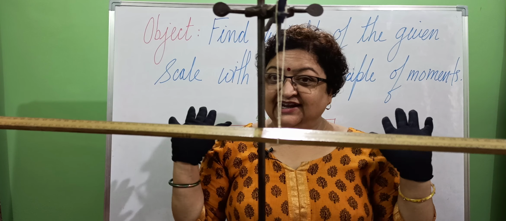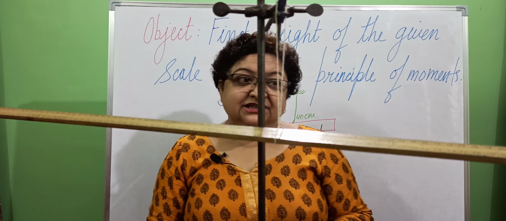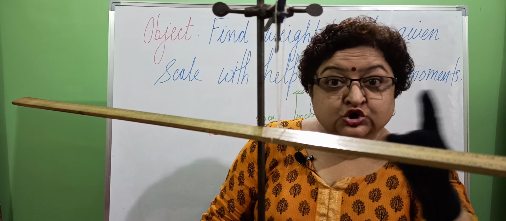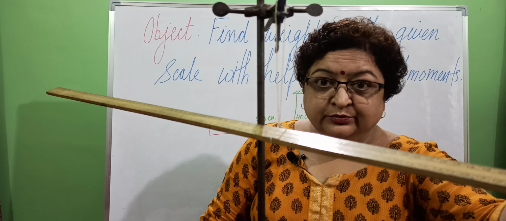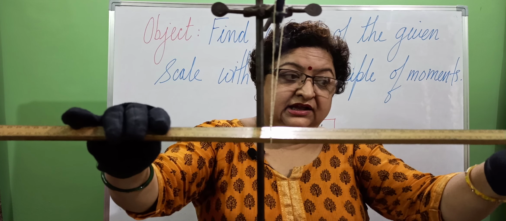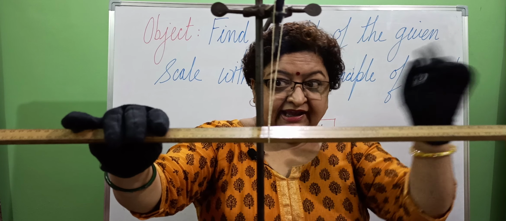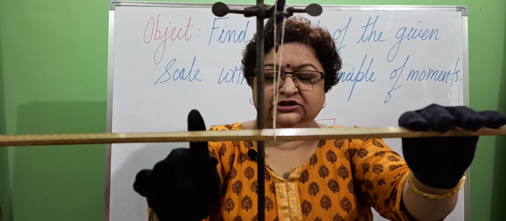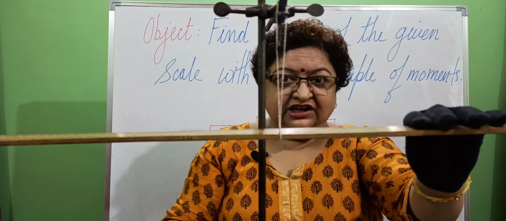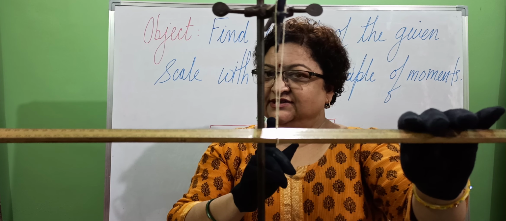Now the scale is exactly balanced, the beam is horizontal. What I did, I suspended the 30 gram weight at a distance so that the torque produced by this 30 gram weight in this direction is exactly equal to the torque produced by this invisible gravitational force in this direction. Now tell me, are you getting the concept?